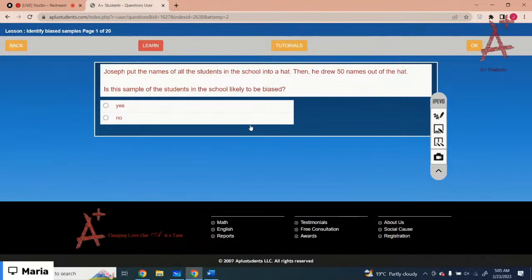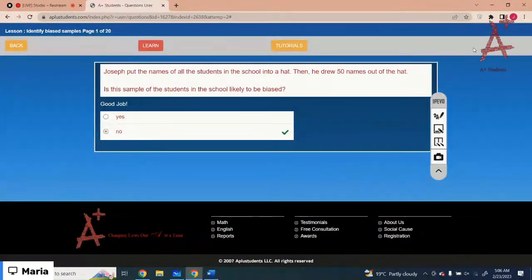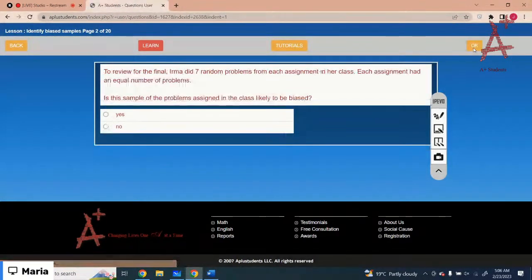It is not biased, because he just selected 50 out of all. It is not biased because you don't have any specific criteria to select those 50. Basically, biased samples are the samples that are selected on a specific criteria.